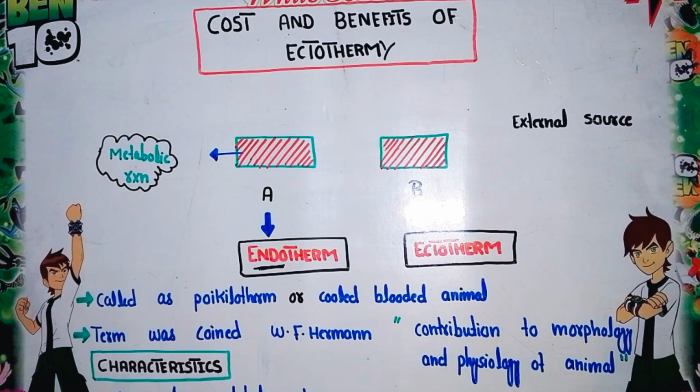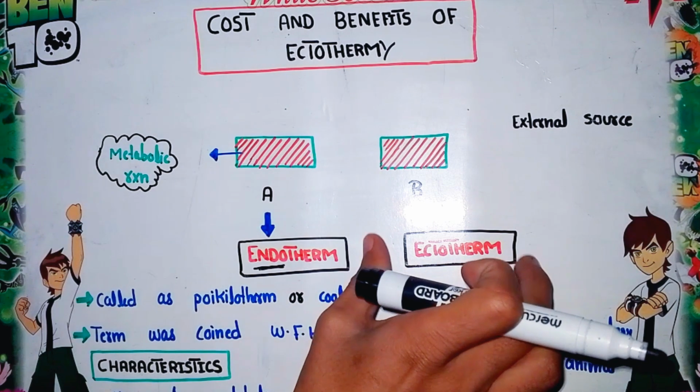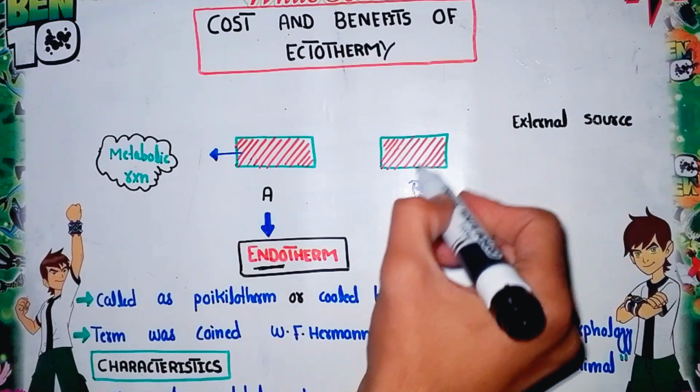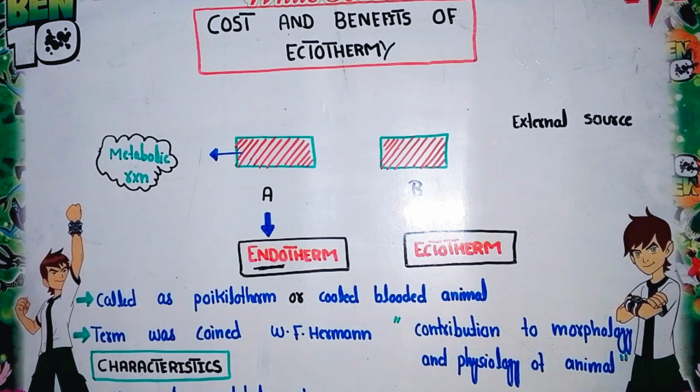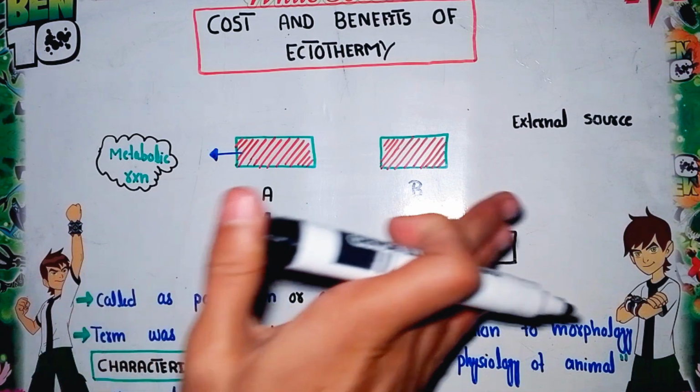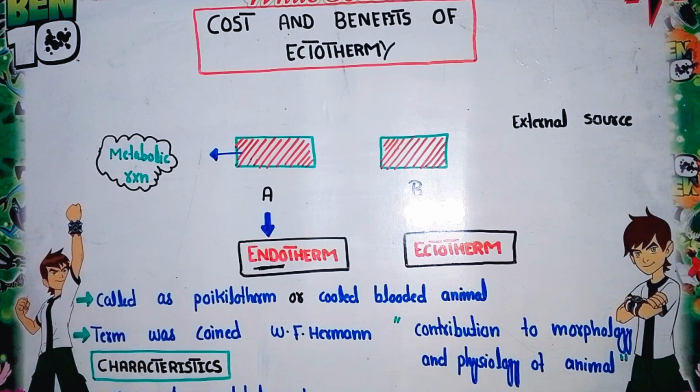Now the question arises: metabolic reaction is a basic feature of living organisms, and it must occur inside the body. So why can ectotherms not gain heat from these internal metabolic reactions instead of taking it from the external environment?